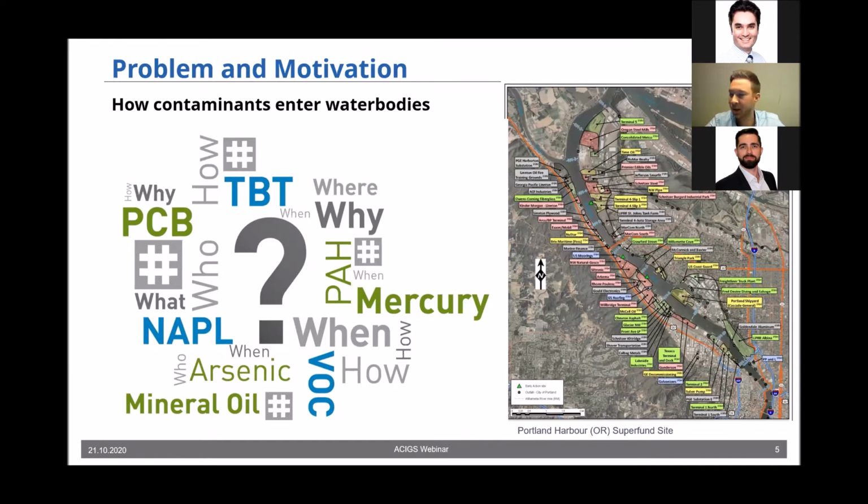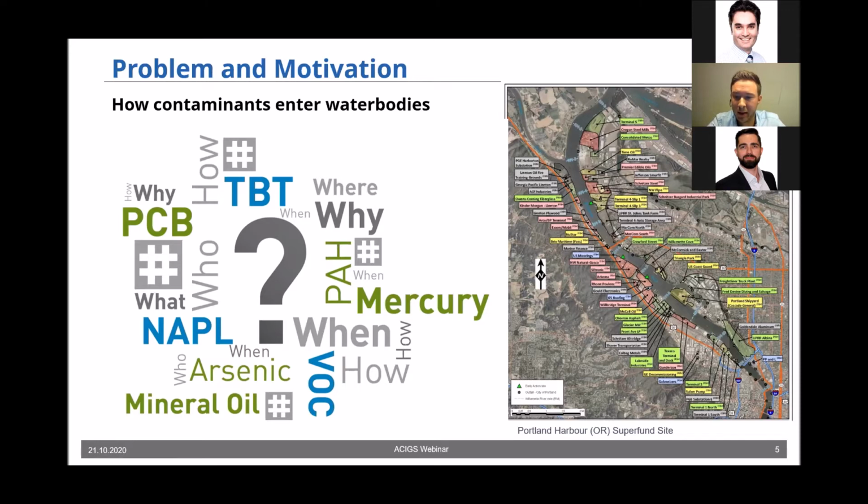And then the question is, what is it? What are the mechanisms? Are they harmful? At what amount are they harmful? And of course, it's also the question, where do they originate from? They originate from different industrial processes.